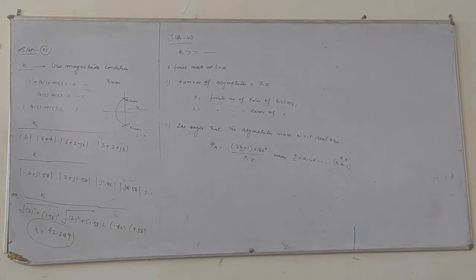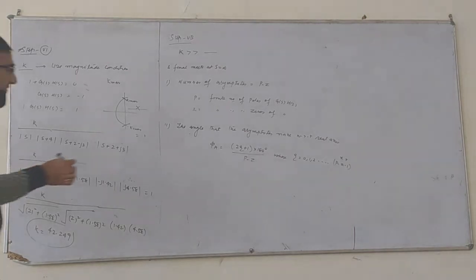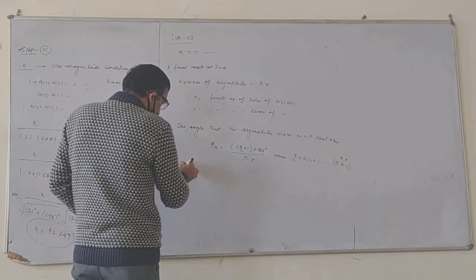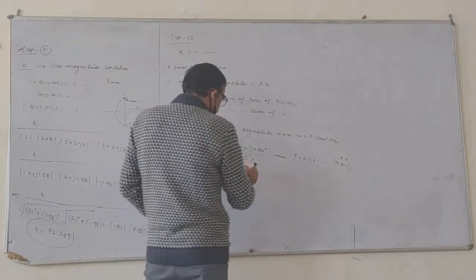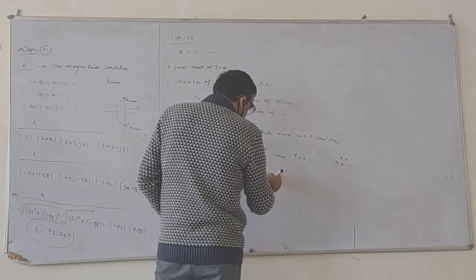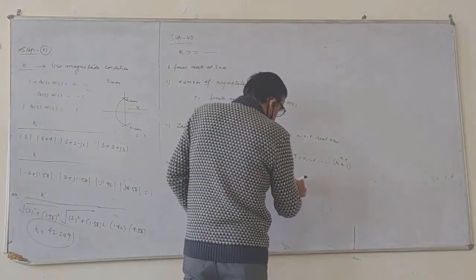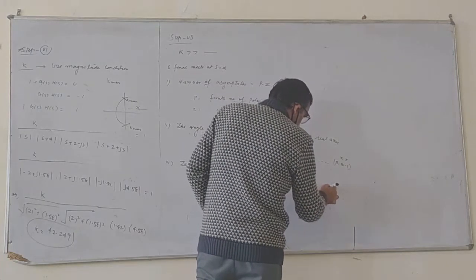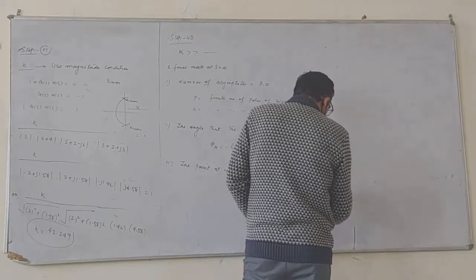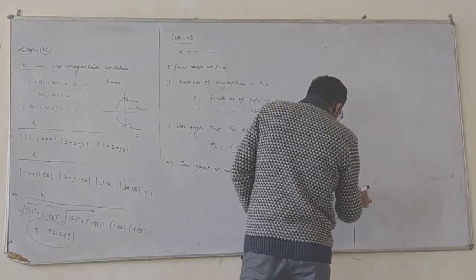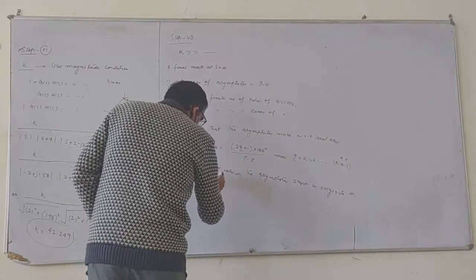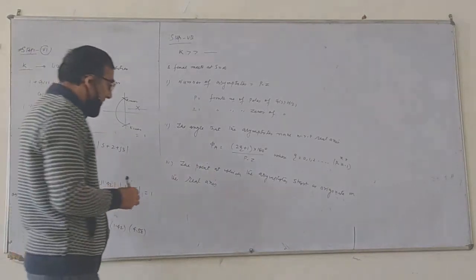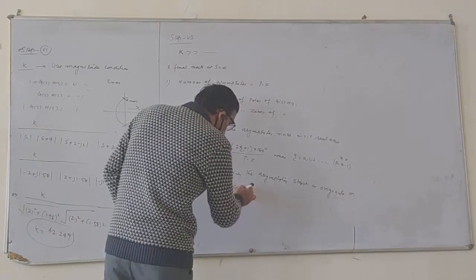So our third point: the point at which the asymptotes start or originate on the real axis is called the centroid.